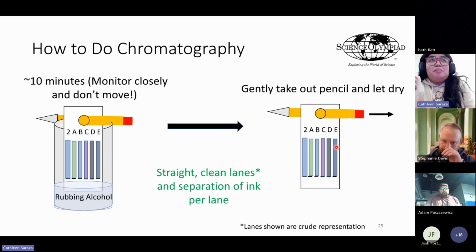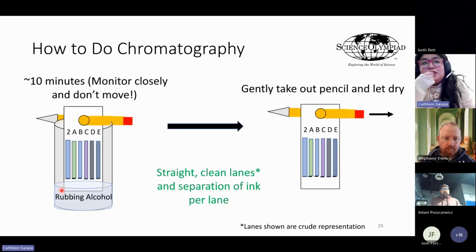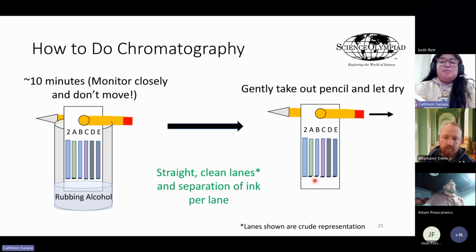Use different black inks or just different brands of the same ink color, because you'll see that in the beginning, all the inks will look black. But once you put it into the rubbing alcohol and that separation occurs, you'll get different shades, you'll get different colors even. Sometimes you won't even see a lane appear because the ink isn't dissolvable in the rubbing alcohol. So that's something to keep in mind. Good job for the answers, everyone.